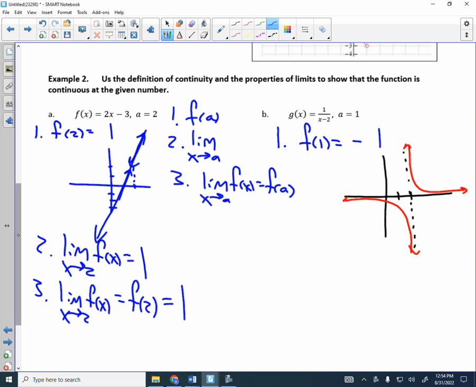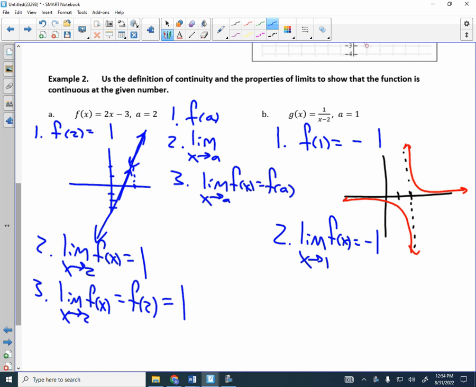So the limit as x approaches, so I got number 2. The limit as x approaches what? 1 of the function. Let's look at as x approaches 1. Should it be a positive value or a negative value? Negative. And it's going to be the same thing, isn't it? Like you can tell, it's continuous there, isn't it? It's going to be negative 1.